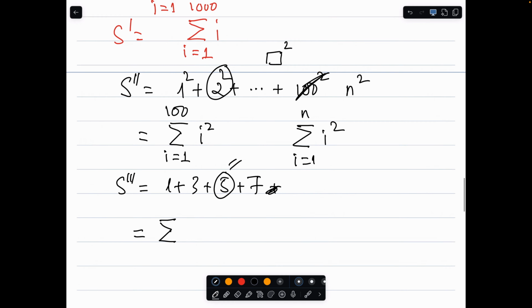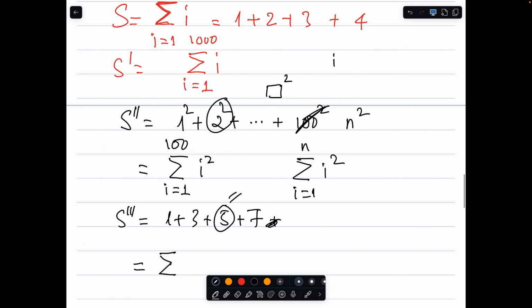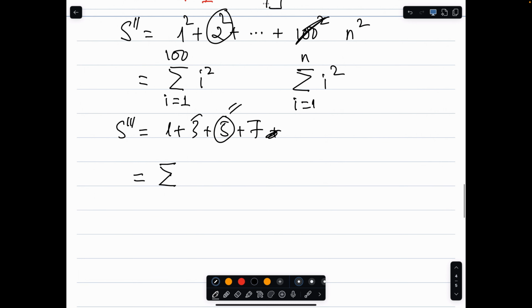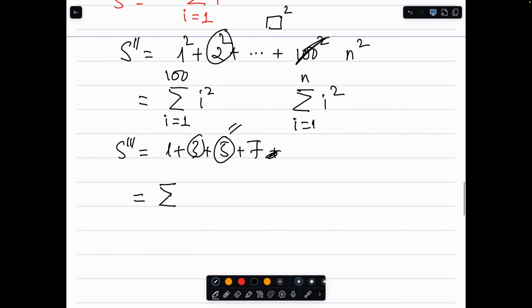In all previous examples, it's easy, right? The term is exactly the same I or I squared, but here 3 and 5 is different, so you have to know that there's a connection between 3 and 5. They can be written in terms of I, because they are odd numbers, 2i plus 1.